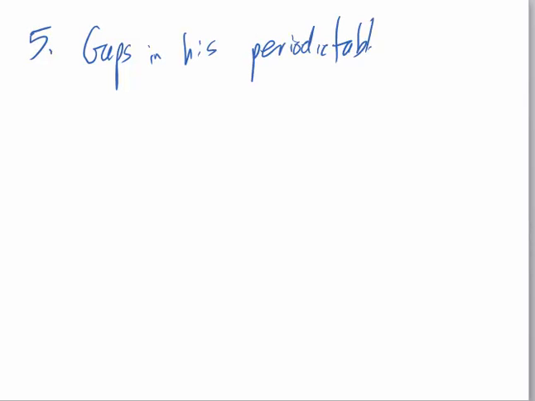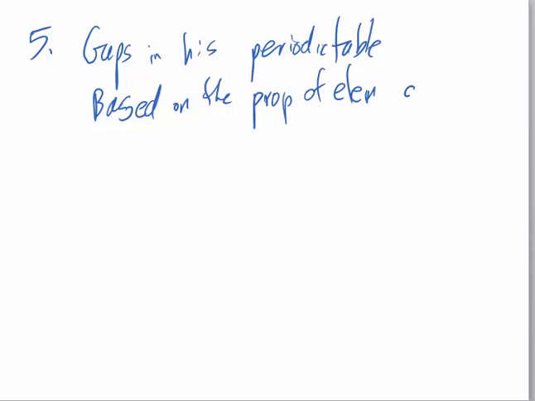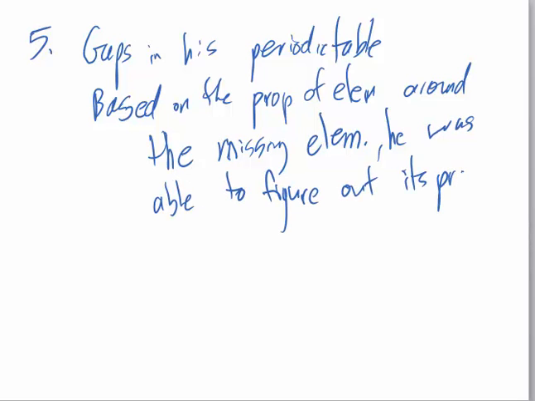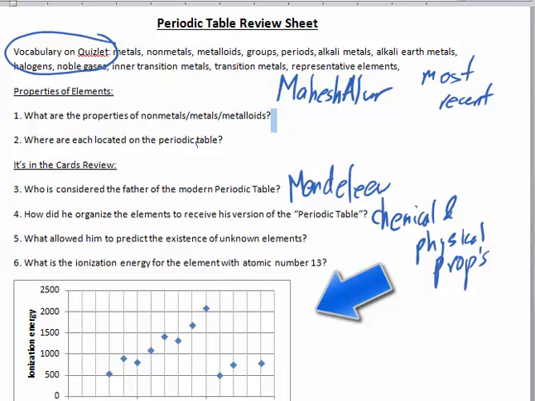After he arranged them, he realized that there were gaps in his periodic table when he organized them according to the chemical and physical properties that they had. Based on the properties of the element around the missing element, he was able to figure out its properties, which leads us to this question on how he did it.